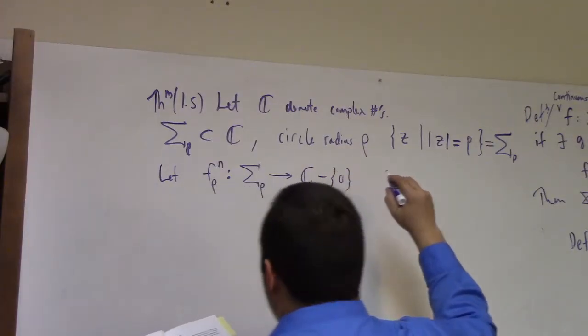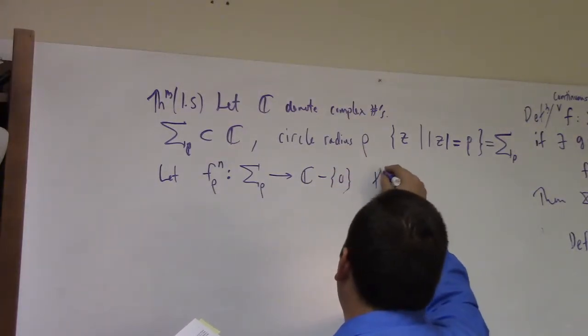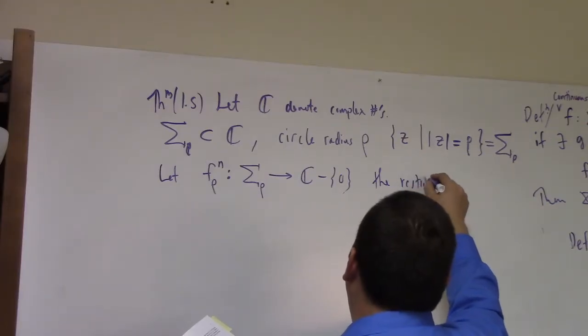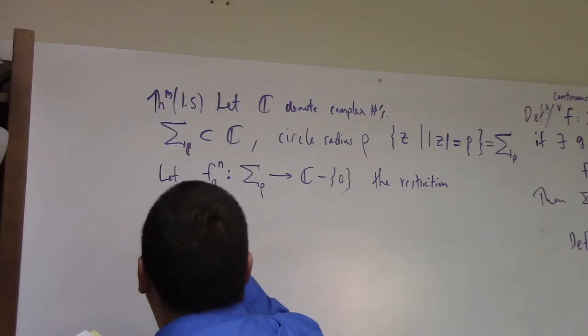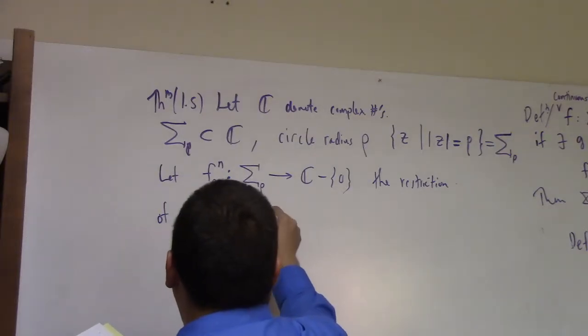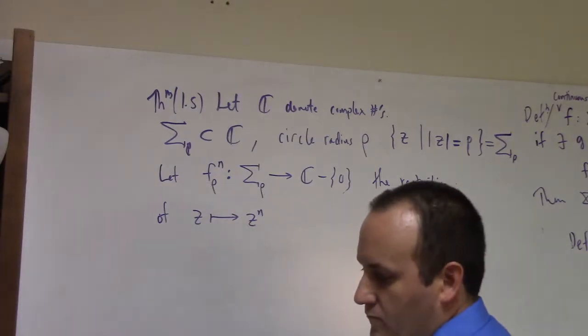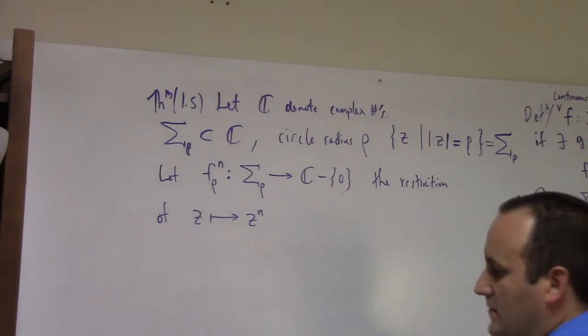He wants it to be the restriction of the map z maps to z to the n, the nth power function.